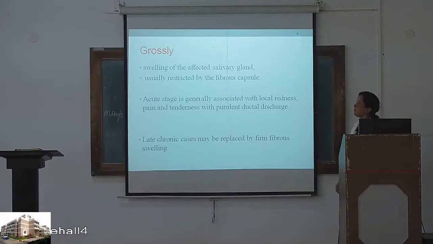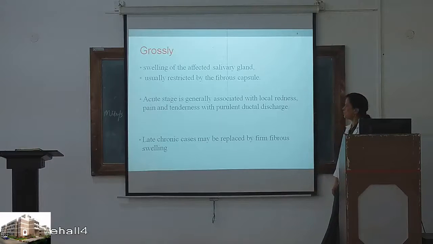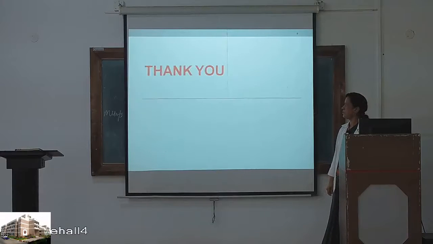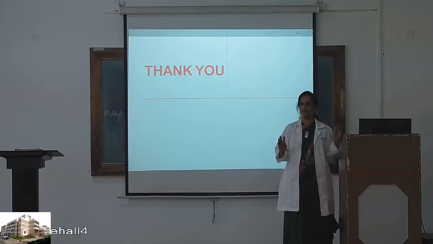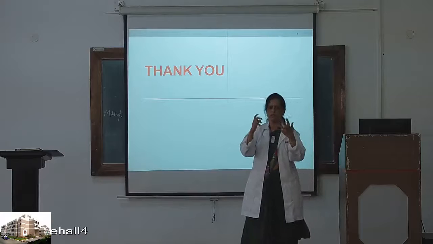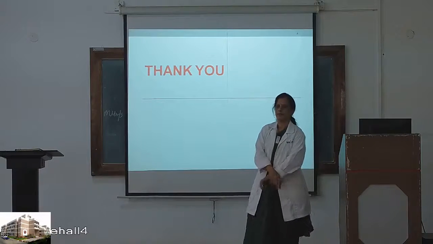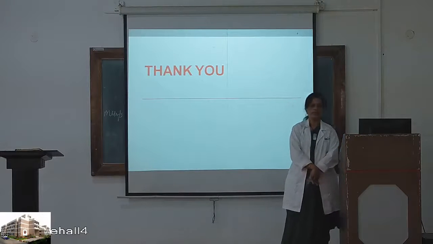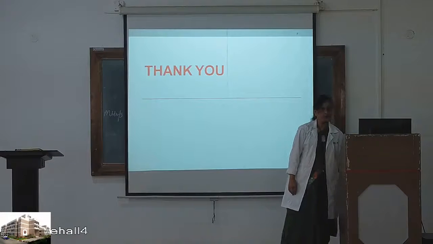Grossly, the affected salivary gland is enlarged. In the acute stage, we have taught you all the features of acute inflammation. In late stage, there is fibrosis. Microscopically, we see fibrosis and chronic inflammatory cells. And if there is a specific cause like tuberculosis, then we see granulomas. So this is about sialadenitis, which is inflammation of the salivary gland.